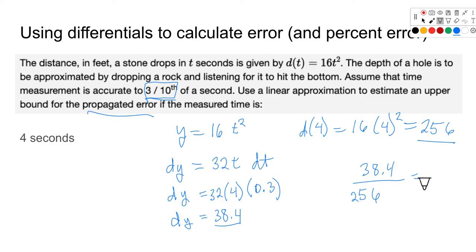So a 0.3 second timing error ends up being a 15% error in the way that we're measuring. So 0.15 or 15%. And again, it's always good to put the plus or minus because it could go either way.